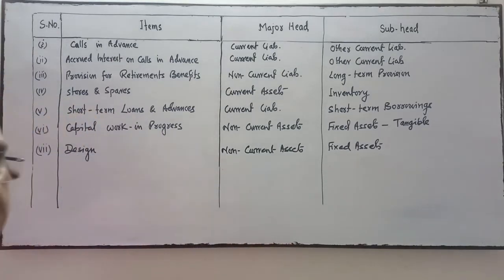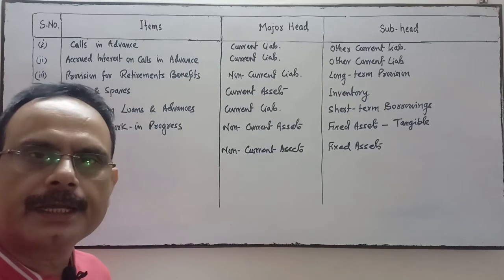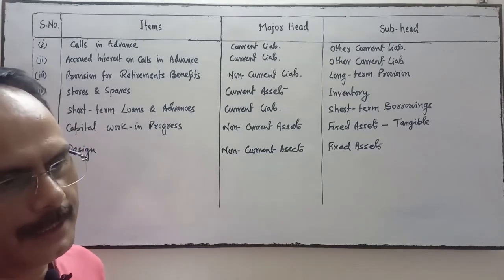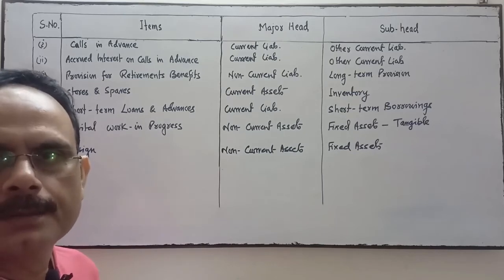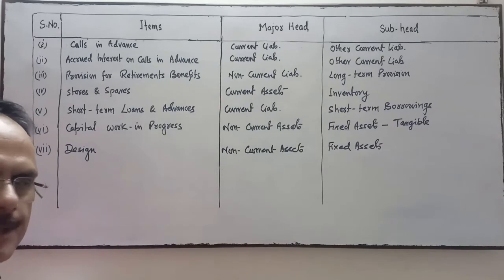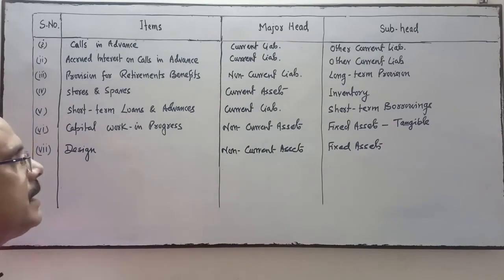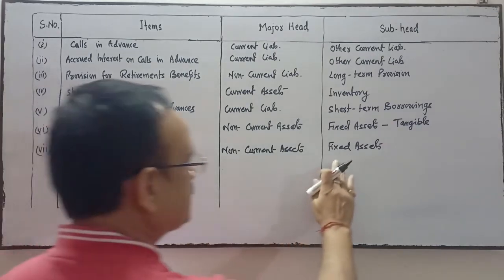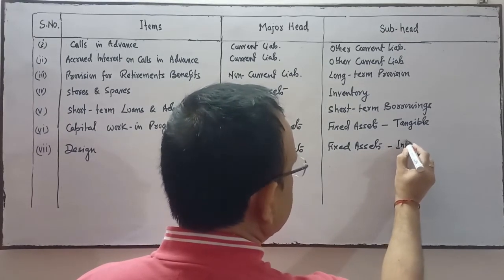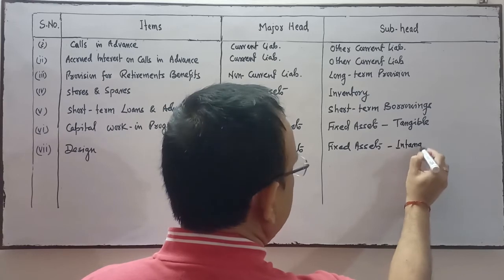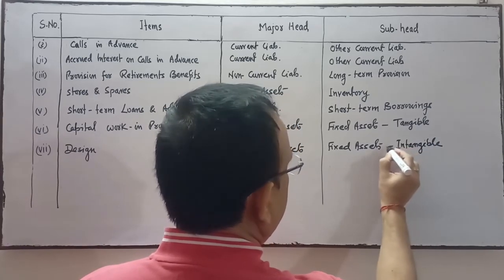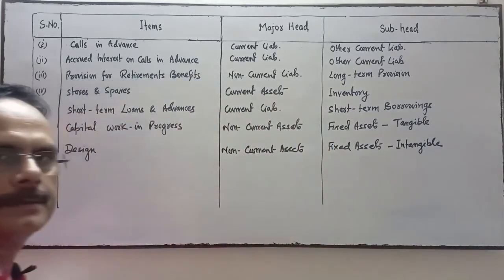Design, patents, trademark, copyrights, license, royalties: whatever is related to intellectual property is a non-current asset and comes under fixed assets. It is intangible assets.